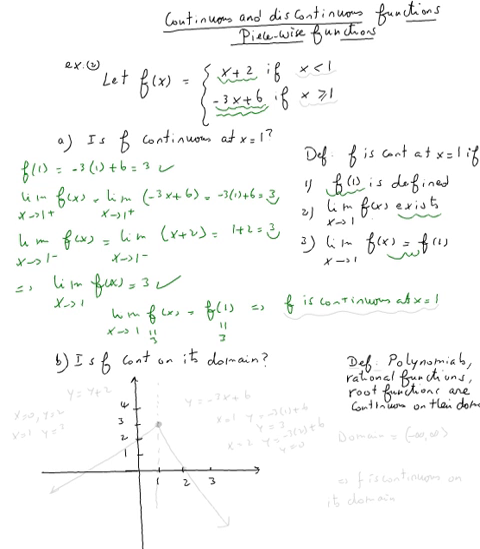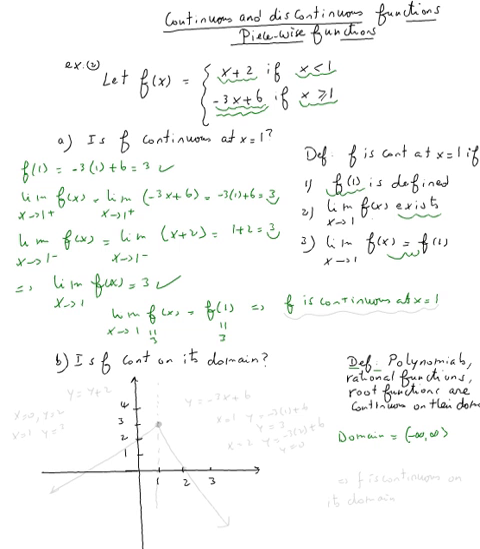Now the next question is: is f continuous on its domain? Just by looking at it, the domain is negative infinity to infinity, the union of both pieces. We know by definition that polynomials are functions that are continuous on their domain.